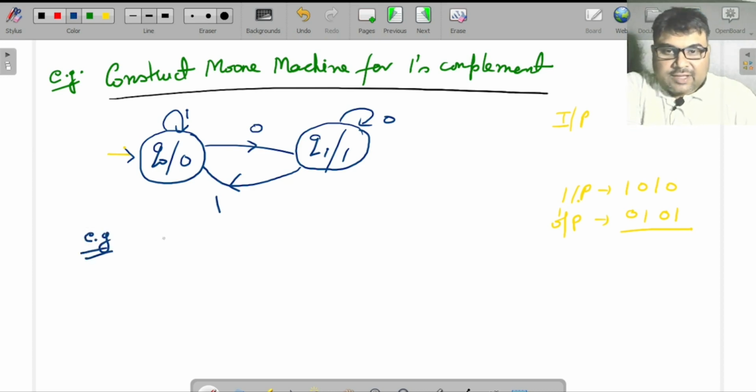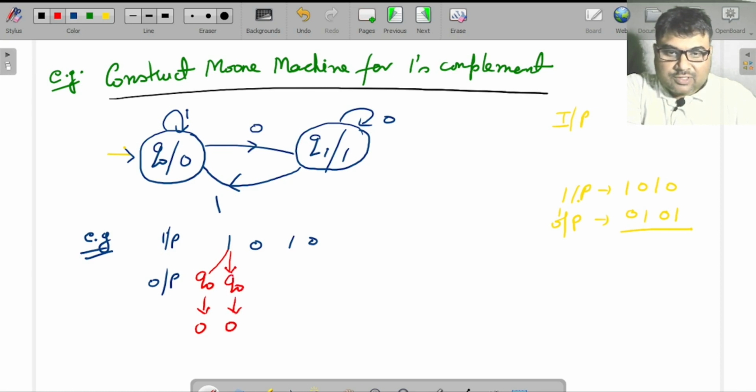Take an example. If I take the input 1010, what is the output? The output starts with Q naught, so Q naught is here, and the output is 0. Now at Q naught you get the input 1. When you get the input 1, you are still at Q naught, and the output is 0. Then at Q naught you read 0, so you reach Q1, and at Q1 the output is 1. At Q1 you read 1, so you reach Q naught, and at Q naught the output is 0.